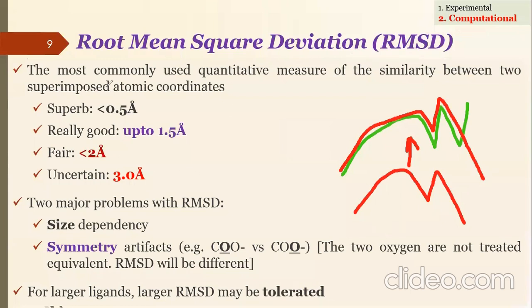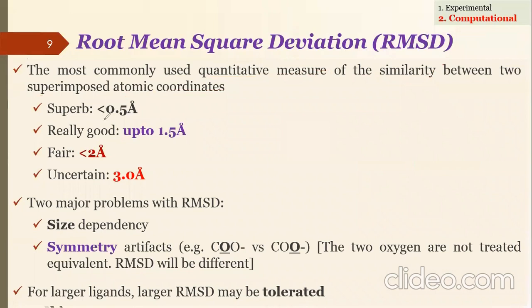This will give us some measurement of the similarity between two superimposed atomic coordinates, between different regions within the structure. So how can we determine that? We can determine that through RMSD, the root mean square deviation, and that's it.